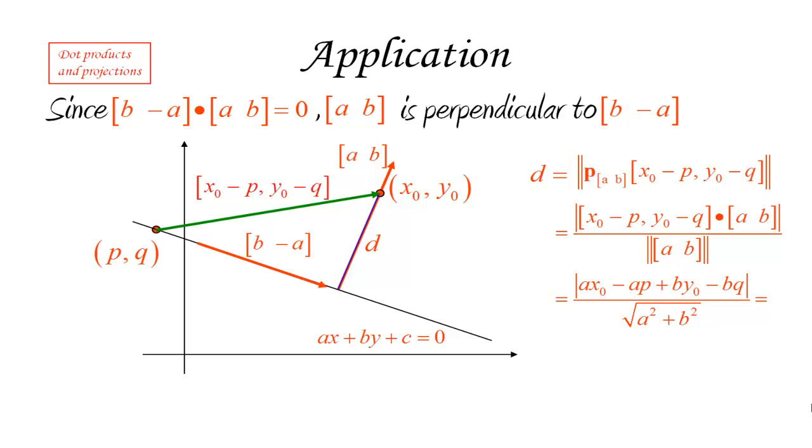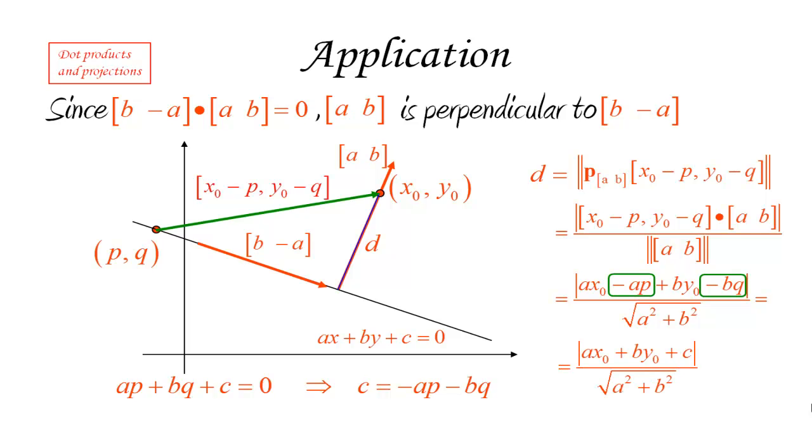That looks a little bit still messy, but this can become a lot easier because look at those two terms, minus ap minus bq. Remember, we chose the point (p, q) on the line, which means that the coordinates p and q have to satisfy the equation of the line, which means that ap plus bq plus c is equal to 0, which means that c is equal to minus ap minus bq, which is what we have in that formula.